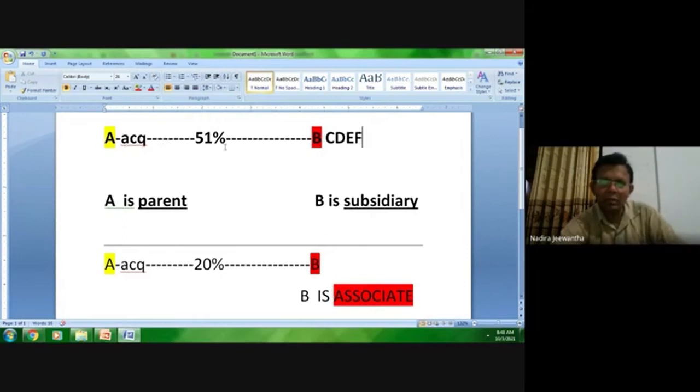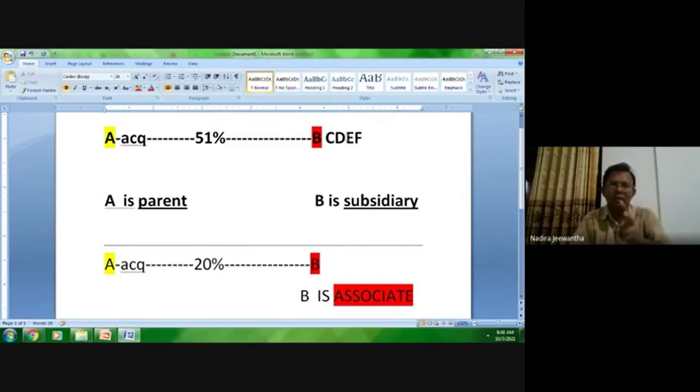Now, you can acquire many companies. If you have acquired 51% of company C, that is another subsidiary. So how many subsidiaries does company A have? Two subsidiaries. Now company A acquires 20% of D. C is 51% acquired, D only 20%.